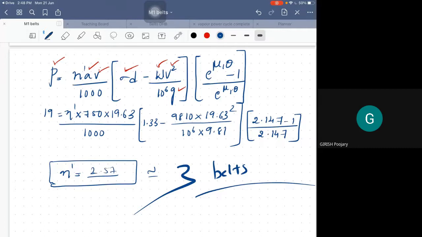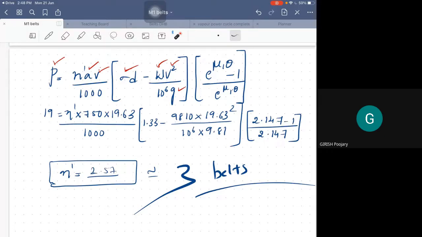Okay. Understood the problem? Everyone understood the problem? Everything was same as the previous problem except choosing the value of mu theta. Everything else is same.